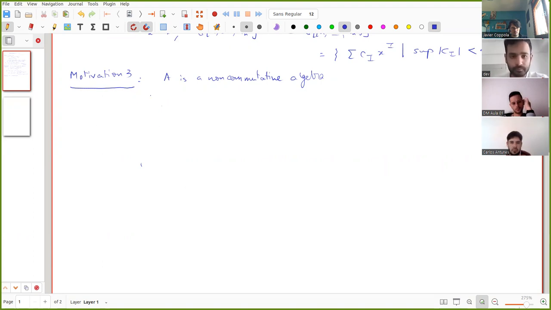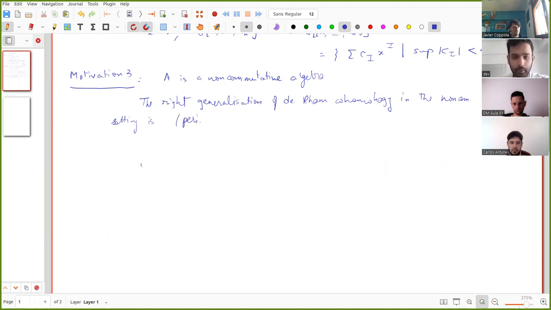So the right generalization of derived homology in the non-commutative setting is, let's say, periodic cyclic homology.